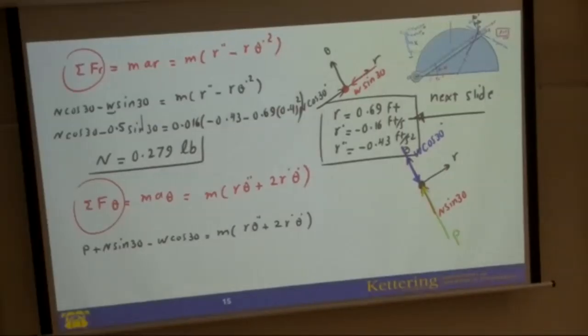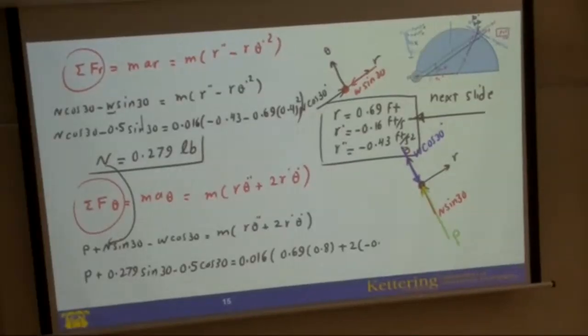Also, in this one, if I substitute the normal force in here, P plus 0.27 sine 30 minus 0.5 cosine 30 equals mass 0.016 times (0.69 theta double dot plus 2 r dot theta dot), where theta dot is 0.4 and r dot is minus 0.16.